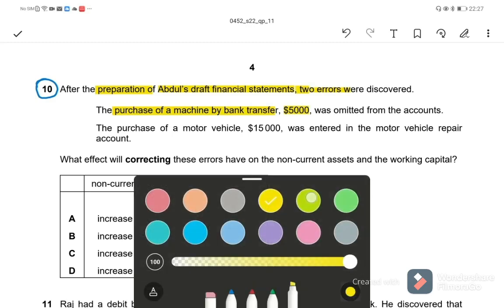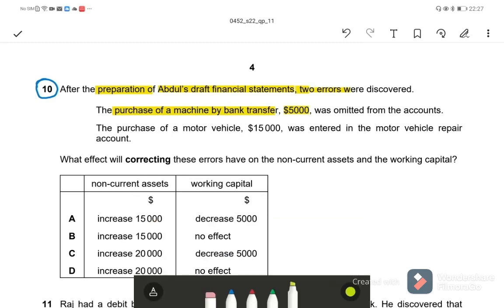And the second error, the purchase of a motor vehicle, 15,000, was entered in the motor vehicle repair account. The first one was completely omitted from the book. They are not entered in the book. The second one, motor vehicle entered in motor vehicle repair account. Asset account entered to the expense account.